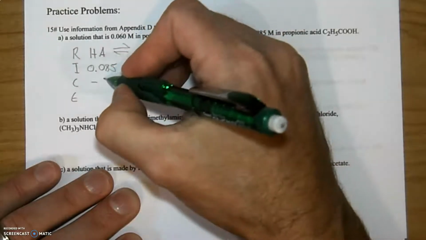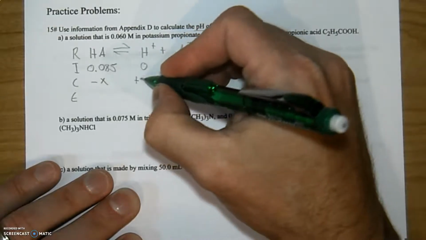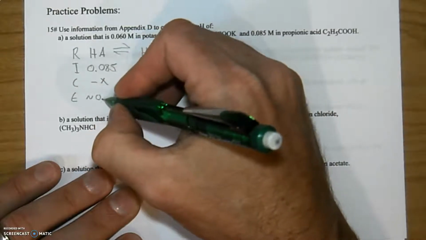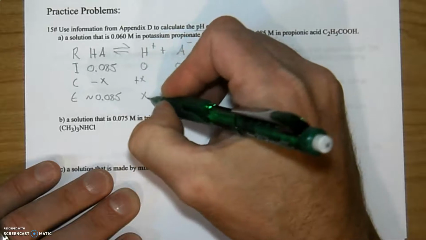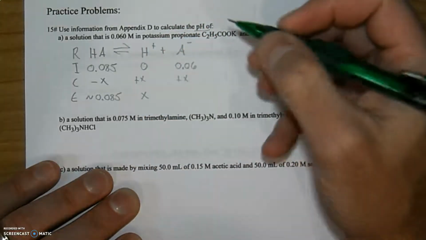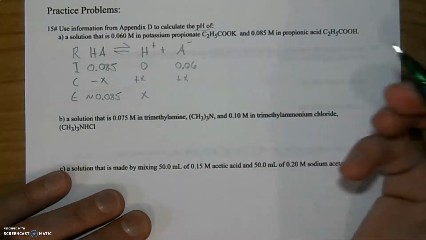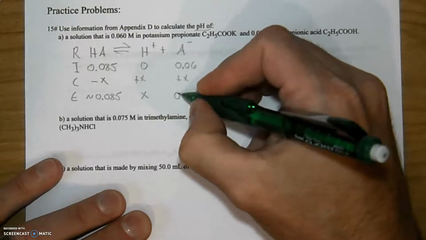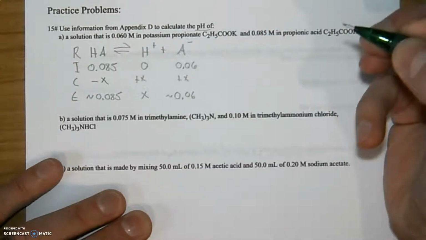So as we've done before, this is going to dissociate some and be added to over here, but it's about the same amount. We are always going to make that assumption that the amount that dissociates is negligible. It's not going to be more than 5%. If it was more than 5%, we would have to go back and use the quadratic equation, and College Board is not going to ask you to do that.